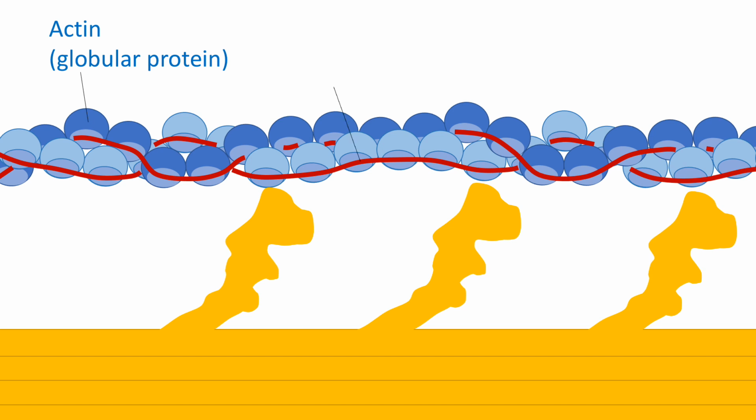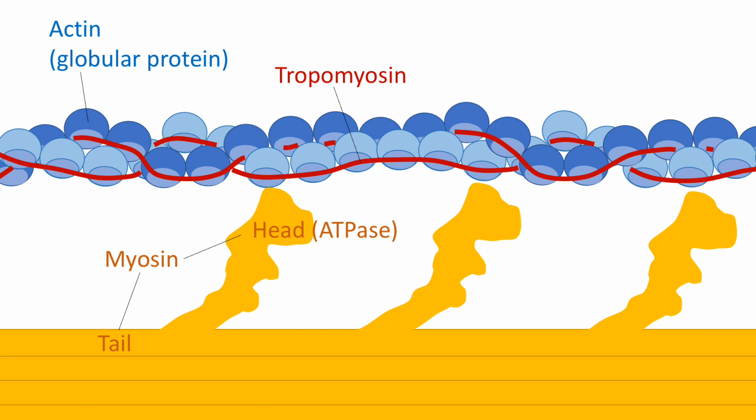You've got this red structure here, tropomyosin, and you should have also identified myosin as being a key protein. And remember that myosin has a myosin head, which is also an ATP hydrolase or ATPase, and it has a tail, so this fibrous protein tail and this globular head. So myosin has 2 parts.